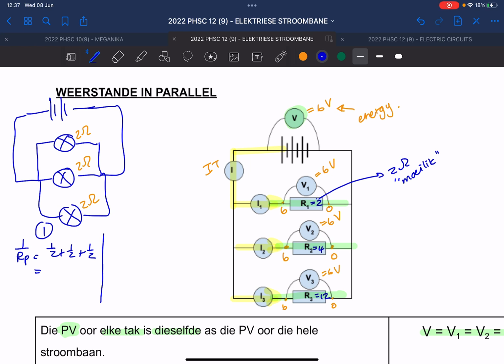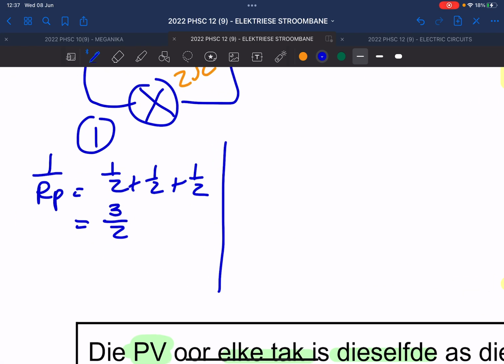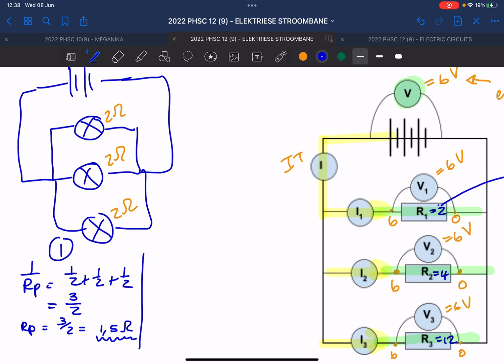Sê jy ja? Okay. 3 oor 2, nee? And remember, then you must show that you swap them around. 3 over 2, en dit gee vir my 1.5. How do you know 1.5 is more or less on the right path? Dis kleiner as die kleinste een. 1.5 is kleiner as 2, sharp.